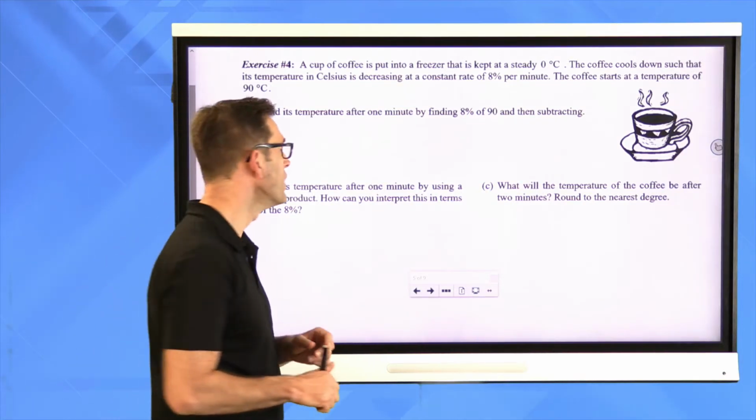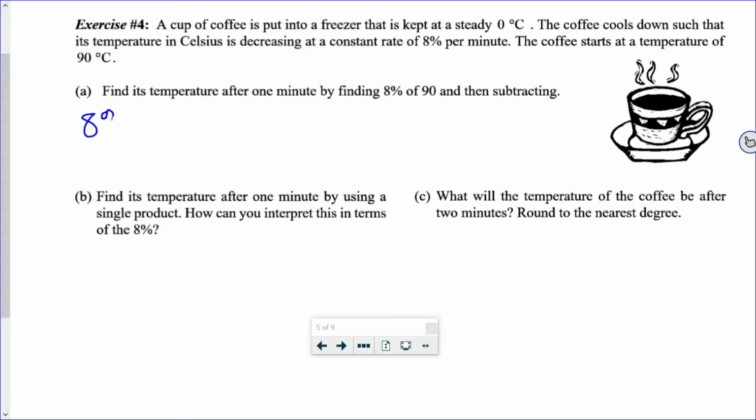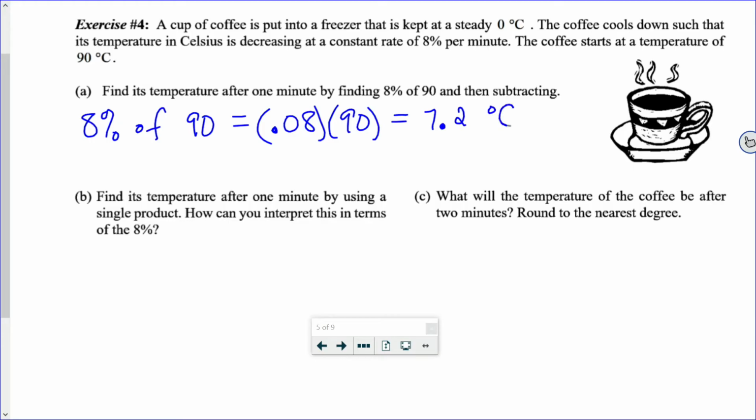Okay, let's do it. First things first, I'm going to find 8% of 90, and of course that's just going to be 0.08 times 90. All right, that's 7.2. That I can do, 7.2 degrees Celsius.